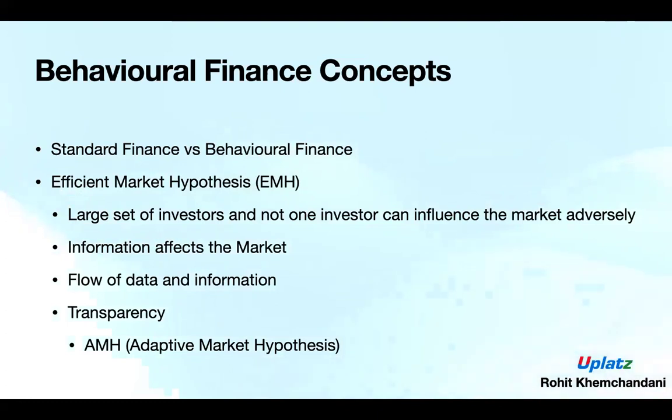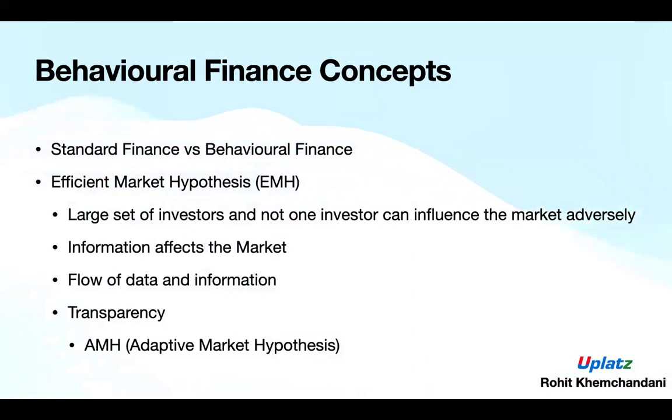So the efficient market hypothesis is based on a few factors, like no single investor can influence the market unduly. If suppose there are 10 different things and it is already said, then a negative opinion, or a negative person, cannot influence the market unduly. There will always be a free flow of information and data.